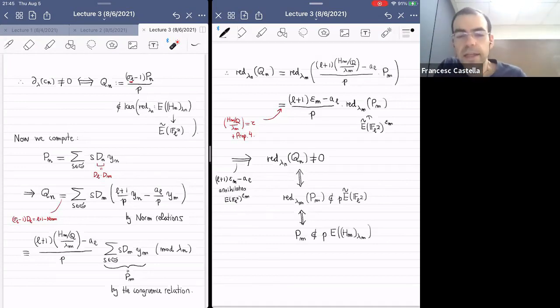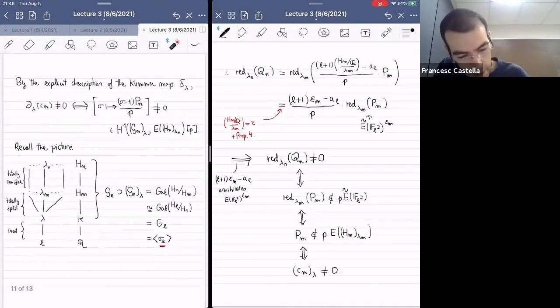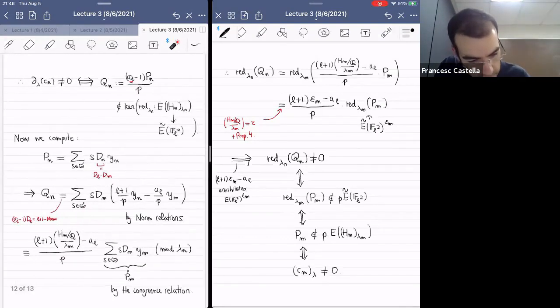And now this, by definition of our classes c_m, is equivalent to c_m lambda being non-zero. And before we already showed this, okay, so we have this equivalent to this not being in the kernel, and this not being in the kernel equivalent to this. Okay, so that gives us proposition 5.